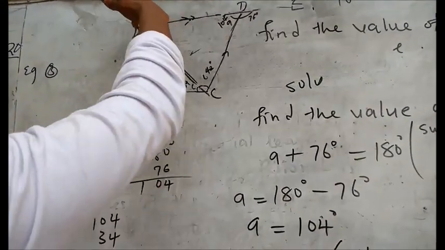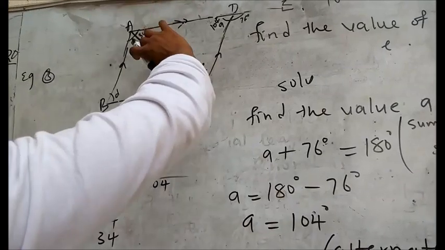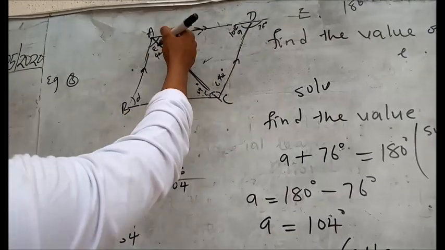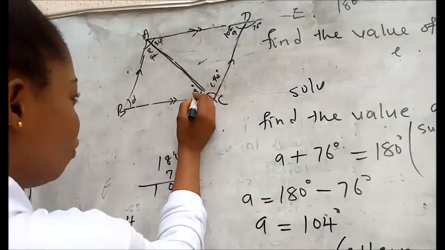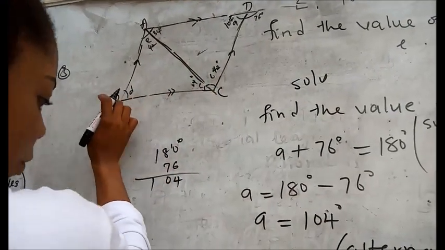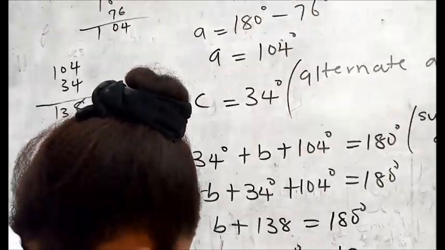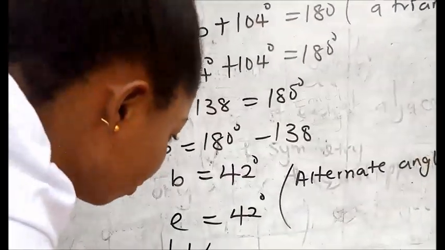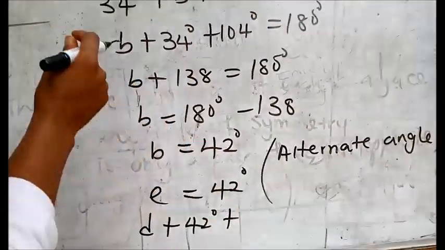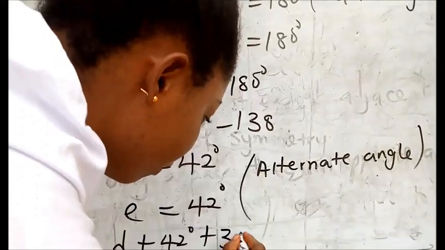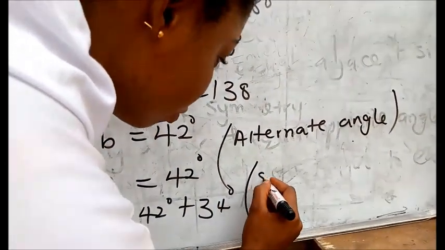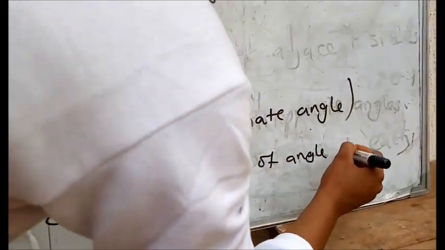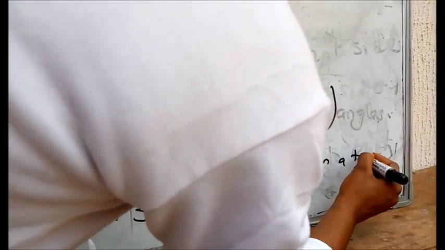Now when I use this diagonal line to divide this parallelogram, I have two triangles. This is another triangle, and here is 42 degrees, here is 34 degrees. Then I'm looking for the third angle, which is D. So D plus 42 degrees plus 34 degrees equals the sum of angles in a triangle.